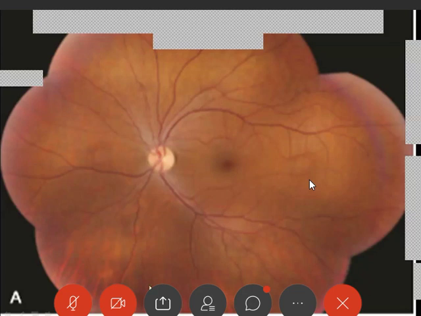Anterior to the equatorial region, we have the anterior retinal zone, otherwise known as the peripheral retina, which extends up to the ora serrata. It is very difficult to visualize the peripheral retina normally, but it can be visualized with the help of scleral indentation, that is, with indirect ophthalmoscopy.